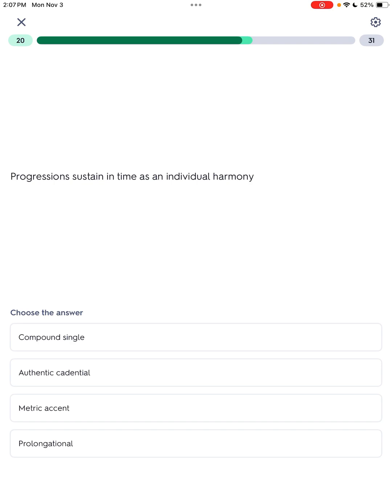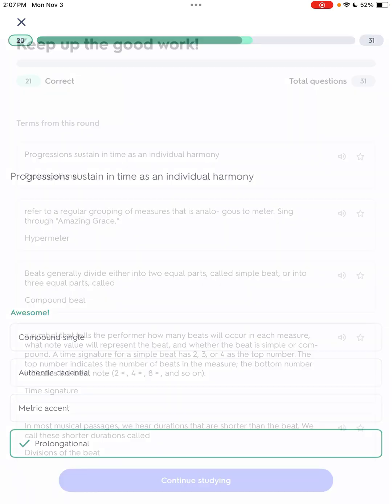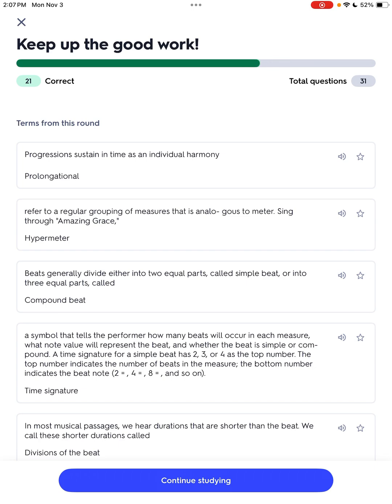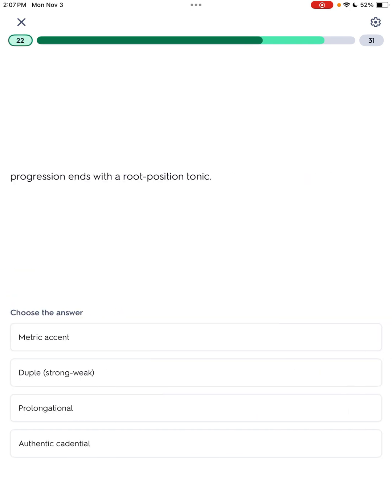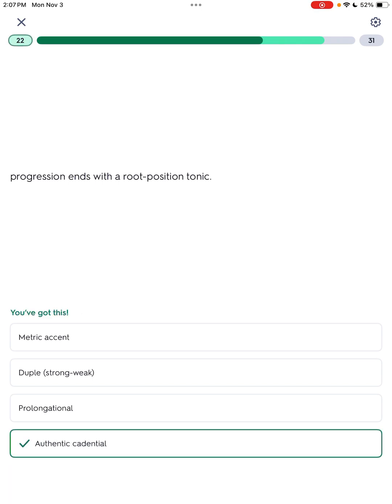This is the prolongation. Tonic progression is the array. Progression is the end with a root tonic. Authentic.